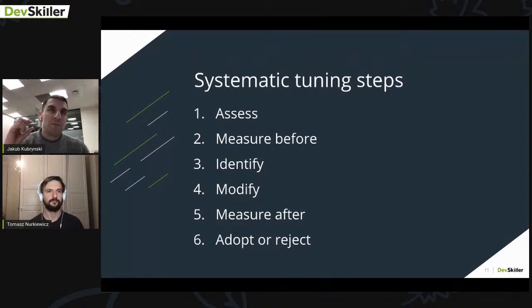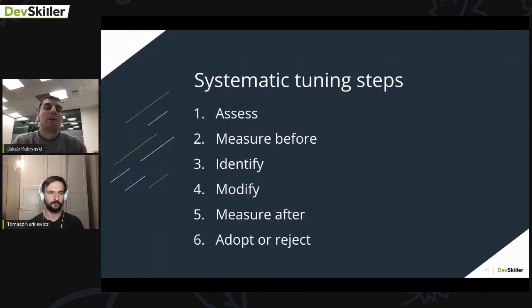And then if you measured before and measured after, then based on the difference between the measurements, you can adopt or reject this change. And what is important right now, piggybacking on what Tomasz said about doing it step by step, is that doing it one thing at a time is important, because it's possible that if you are making 3 changes at the same time, one change will improve your process by 50%, but the 2 other changes will make it worse by 70%.